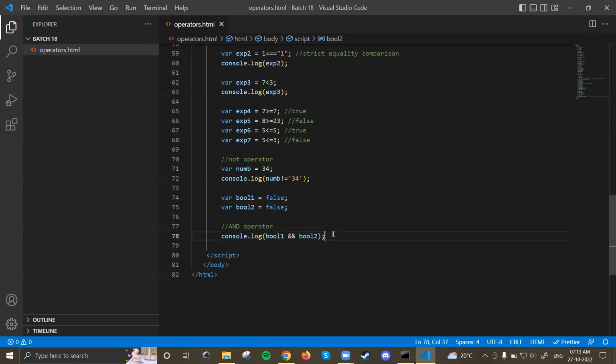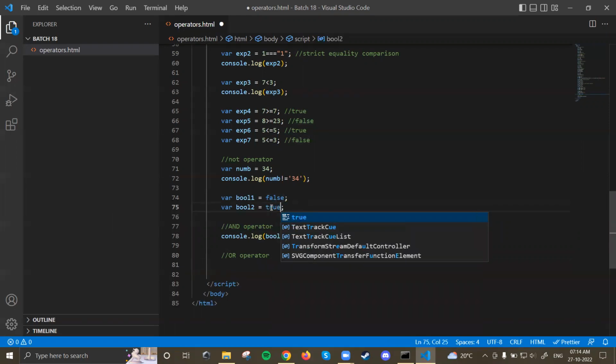So like that, we have another operator known as the OR operator. The OR operator will check if any one of them is true or not. So what will happen here?